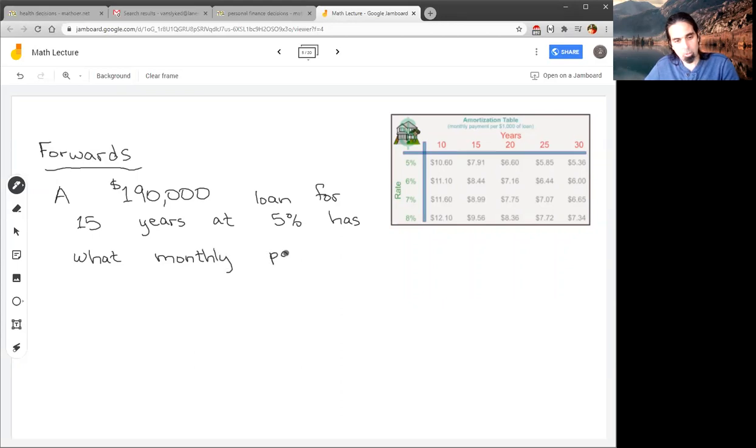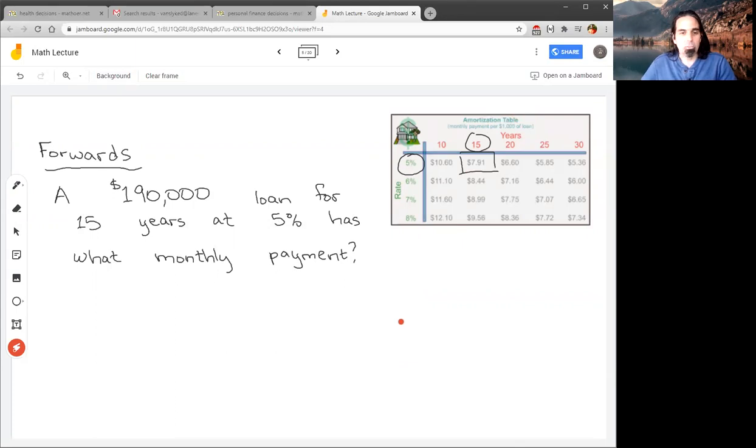I'm just making up a problem. Let's do 15 years. Let's do 5%. So that gives us $7.91, if you wanted a $1,000 loan, because notice at the top it says per thousand of loan, then you would have to pay $7.91 every month.